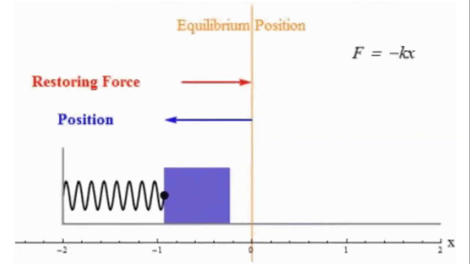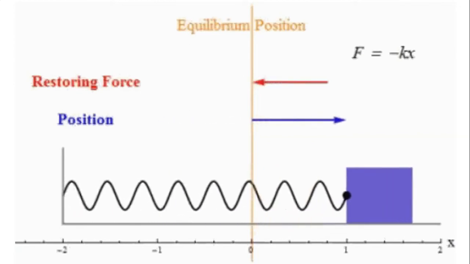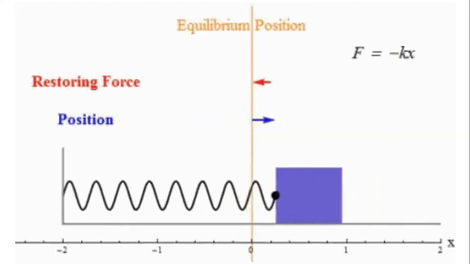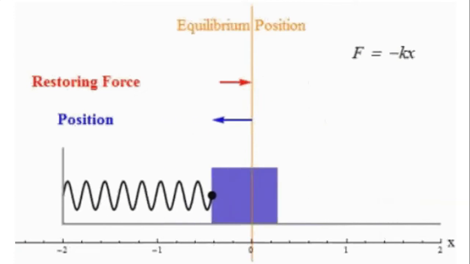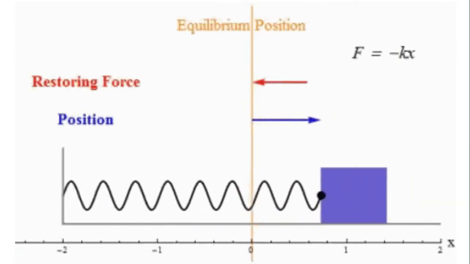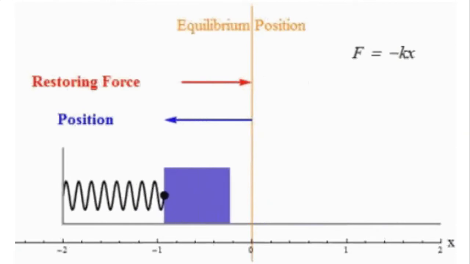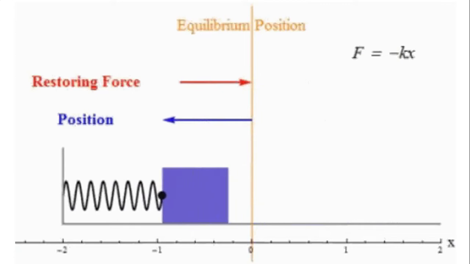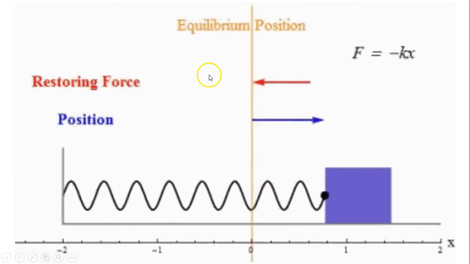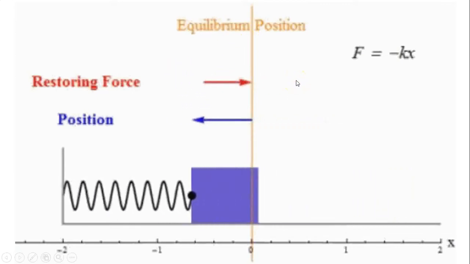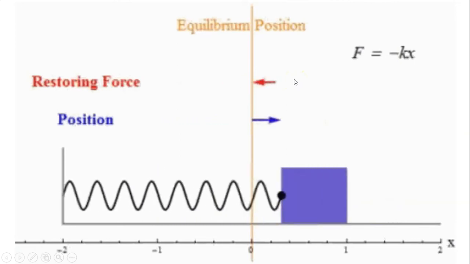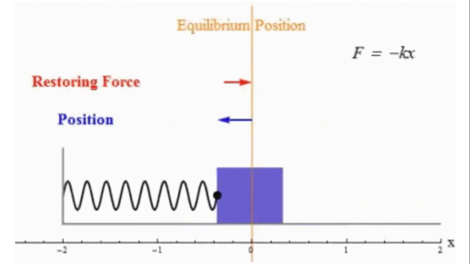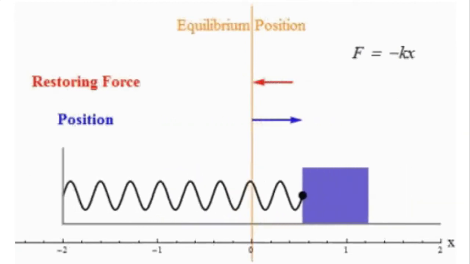But what's happened is that it's been sent moving, and as it moves away, as it experiences displacement from its rest position, it experiences a force. And that force is normally called a restoring force. And you can see up here, the red arrow shows that that restoring force always brings or tends to bring the mass back to its equilibrium position.